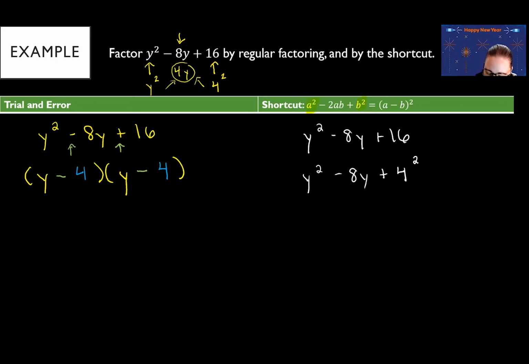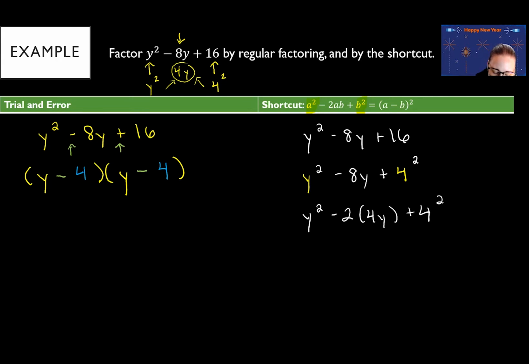We have something squared and something squared in the first and the last: y squared, 4 squared. Then we checked that middle term: if I take half of 8, so I have y squared, and I divide that by 2, that leaves me 4y.